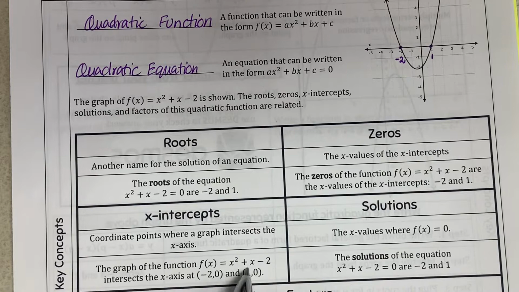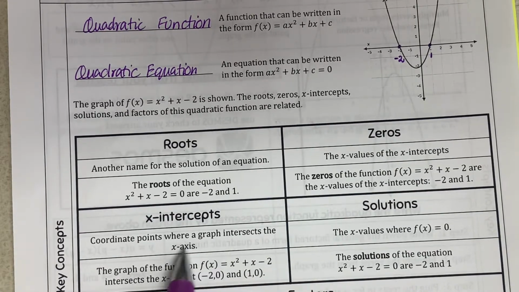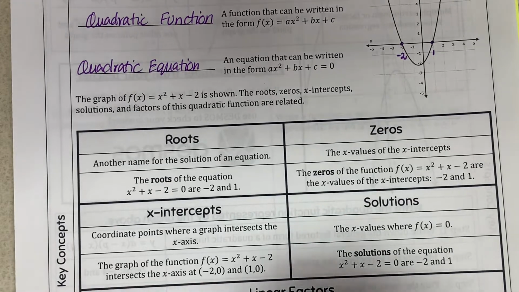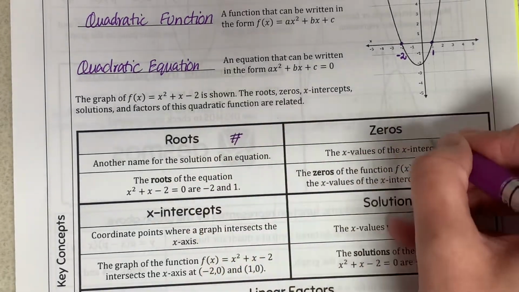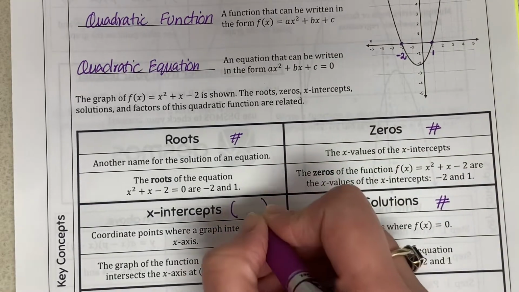So negative 2, 0 and 1, 0. Because x-intercept is a point where it crosses the x-axis. That means that point should have the y value as well. So these are just numbers, and x-intercept is the ordered pair.